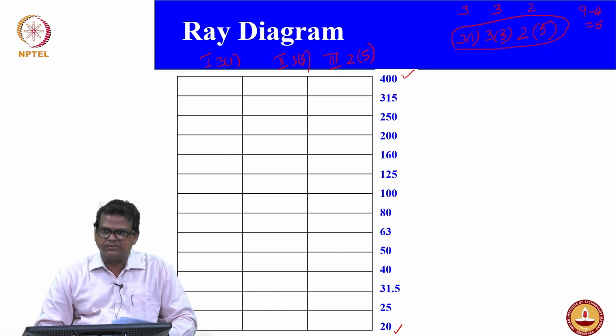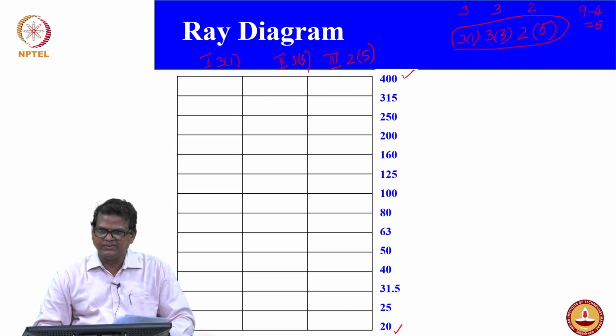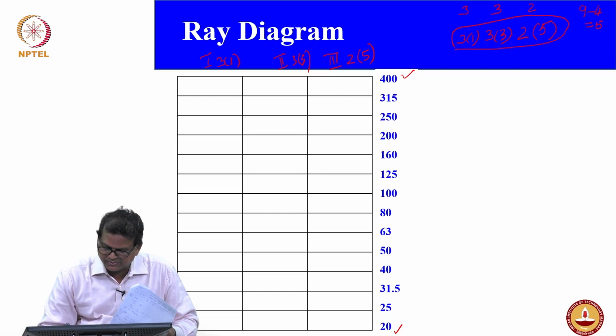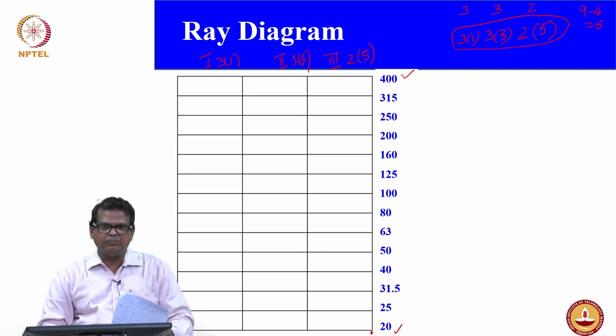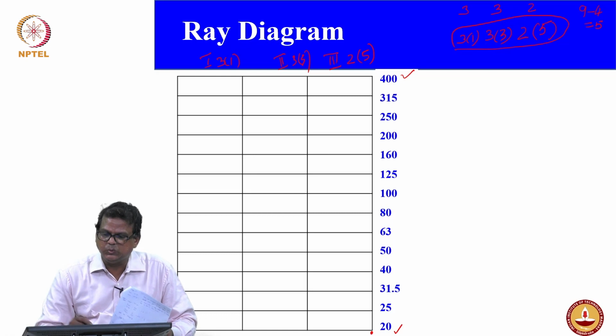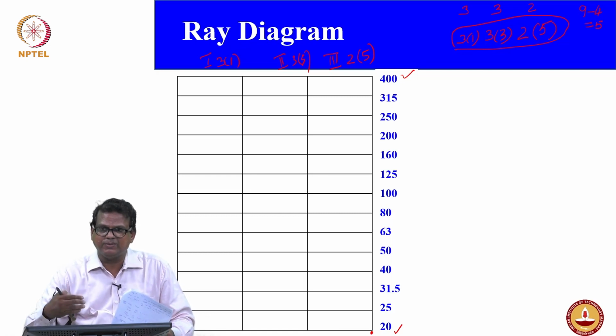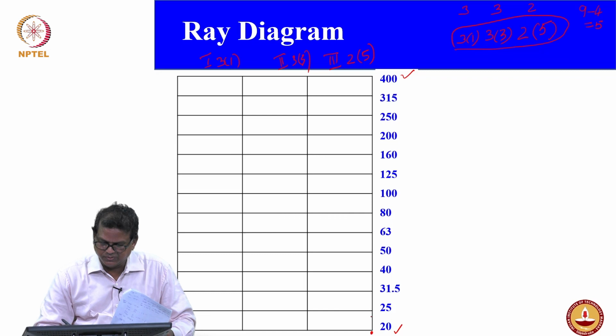As we did in the previous 18 speed problem, in a similar way we are going to follow the procedure. I know the speed given for stage 3 will be 20 rpm, that's one. The next would be what? Look at the formula, 2 of 5, that means 5 steps away, so 1 2 3 4 5.